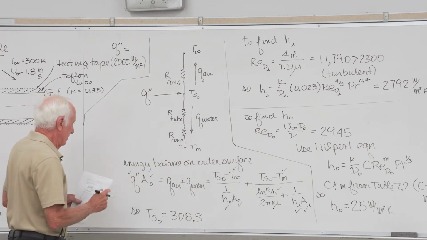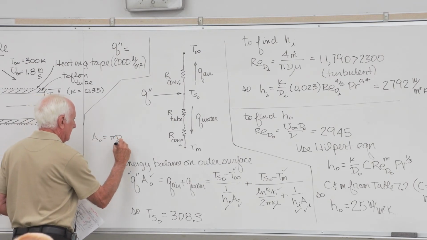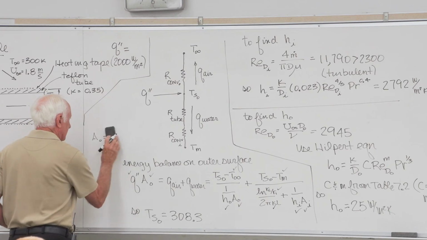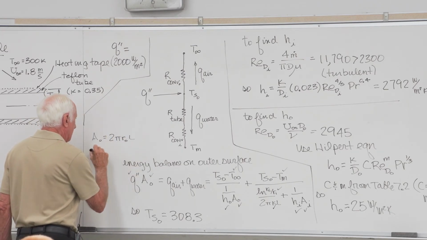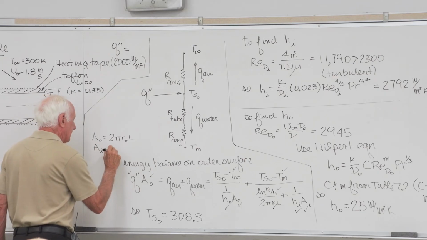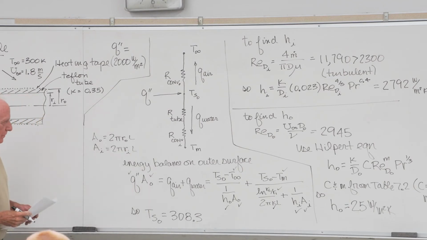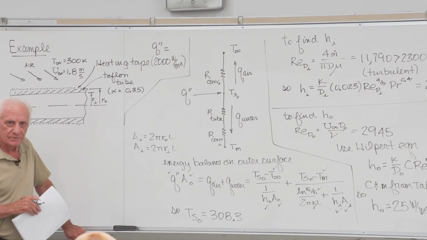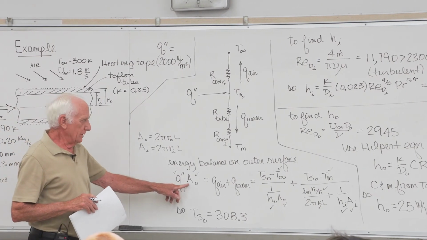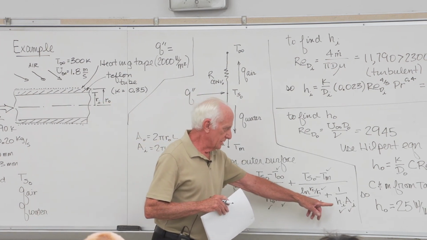What's the area on the outside? The area on the inside. We don't know L. I don't care, it cancels out. There's an L here, there's an L here, there's an L here, there's an L here.